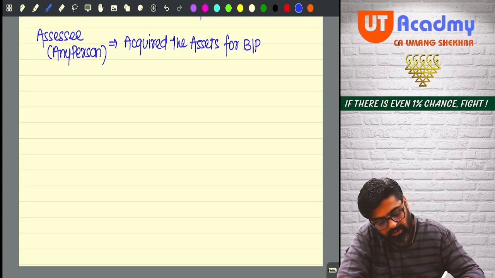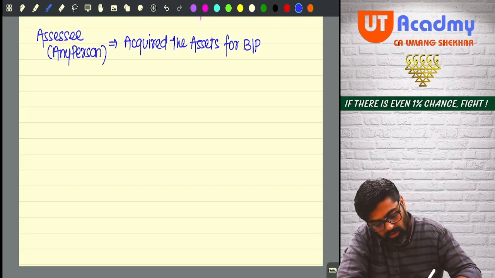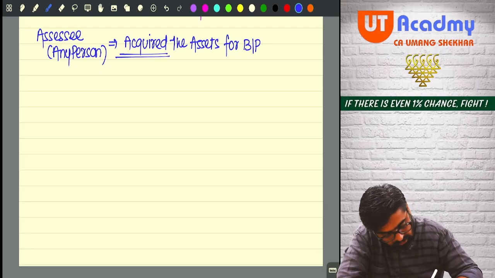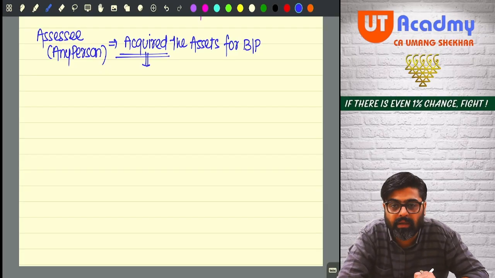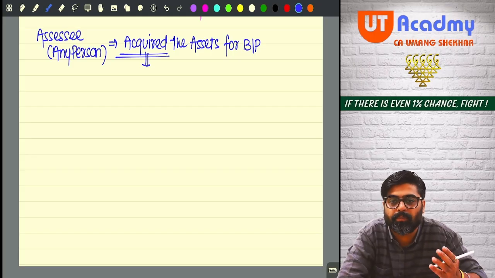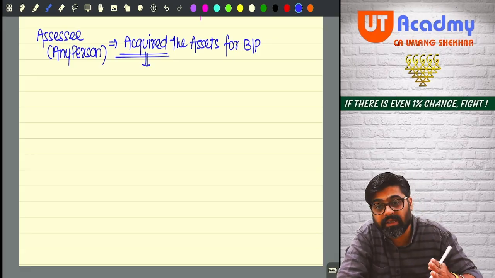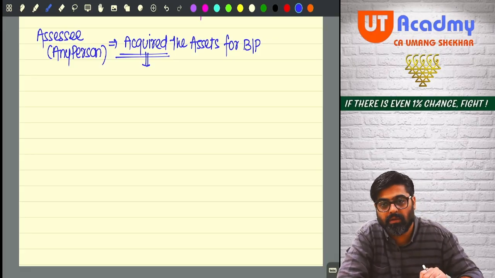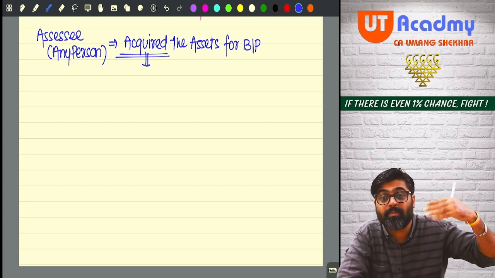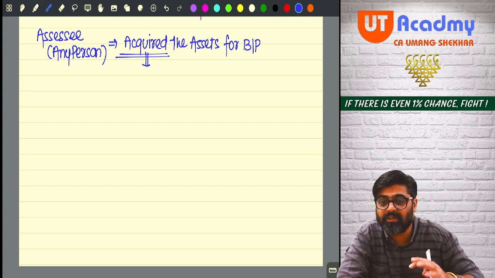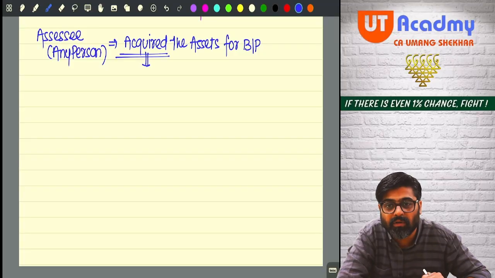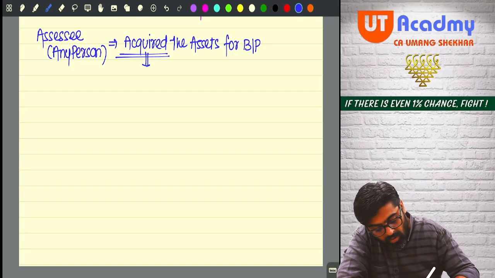So whatever assets he will acquire, to acquire those assets, the assessee will incur cost of purchase, cost of construction. These costs which he is incurring to purchase or construct the asset for the purpose of his business or profession is nothing but the cost of that asset. Yes or no? So the amount which is incurred for the purpose of acquisition of the asset, also known as what?